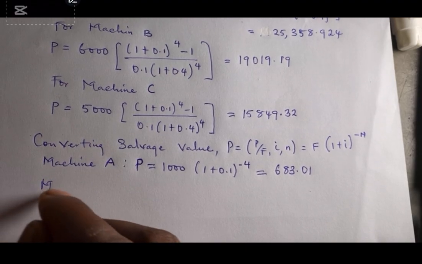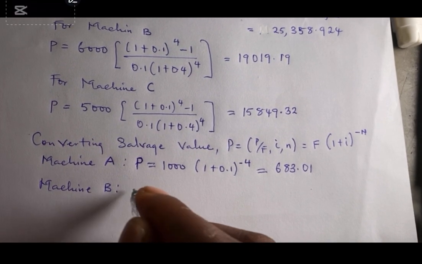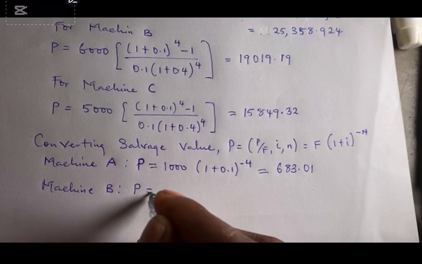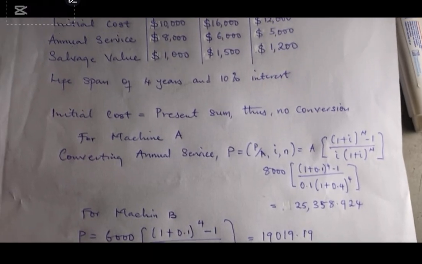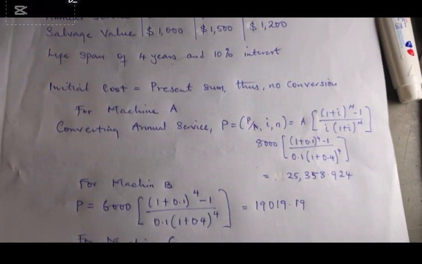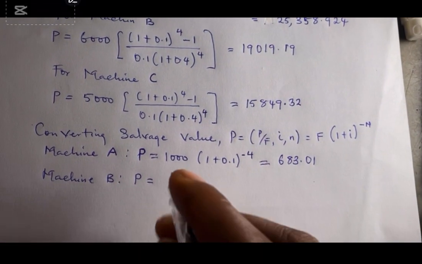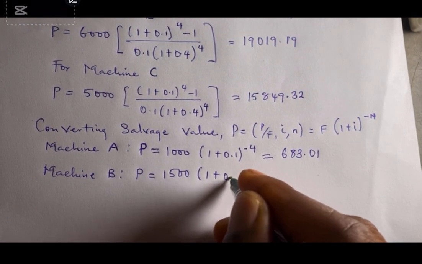For machine B, the present worth of the salvage value, what's the salvage value for machine B? Salvage value for machine B is 1,500. So you have 1,500 into 1 plus 0.1 raised to negative n.